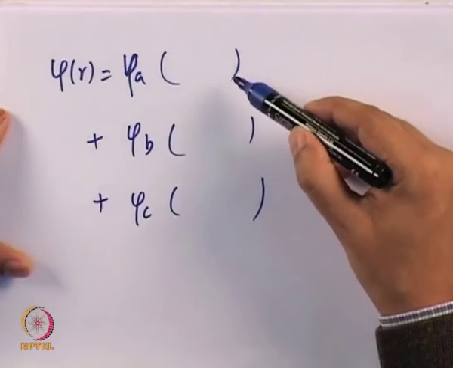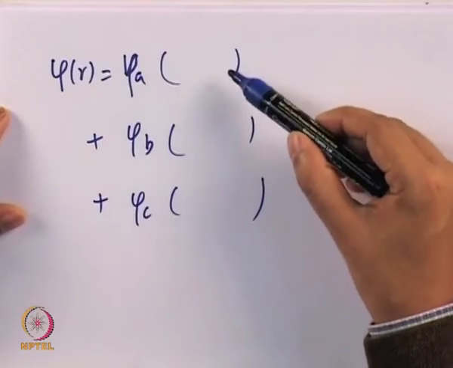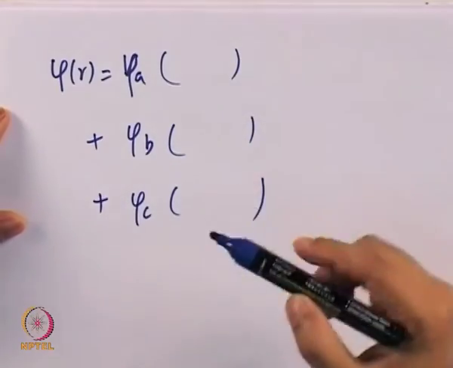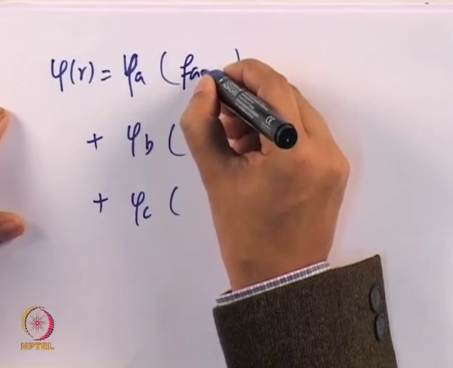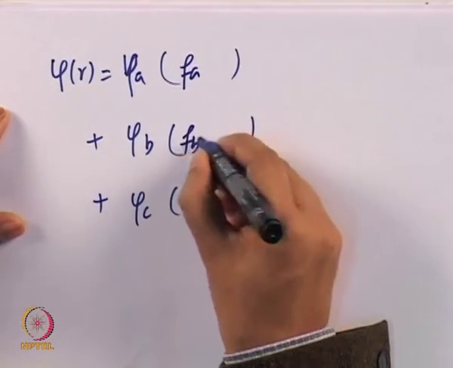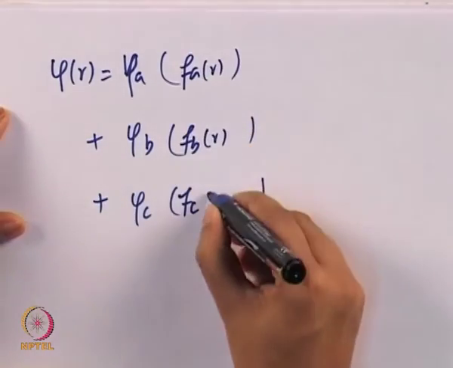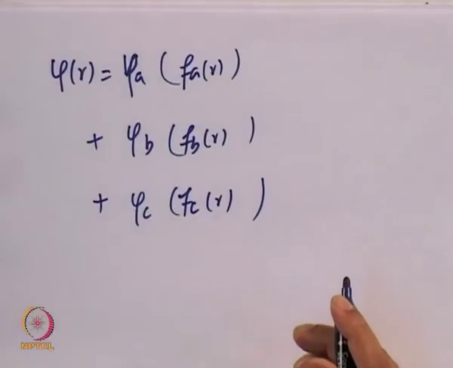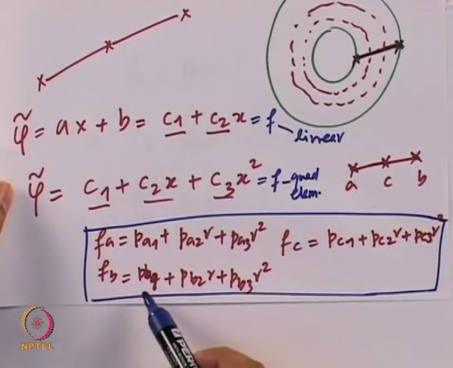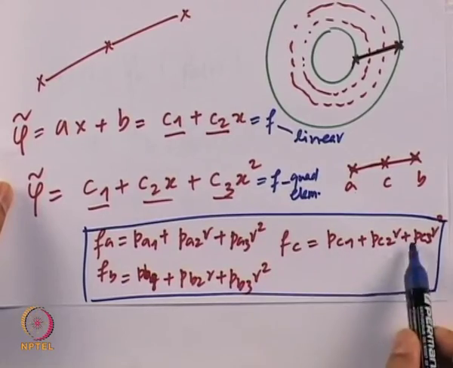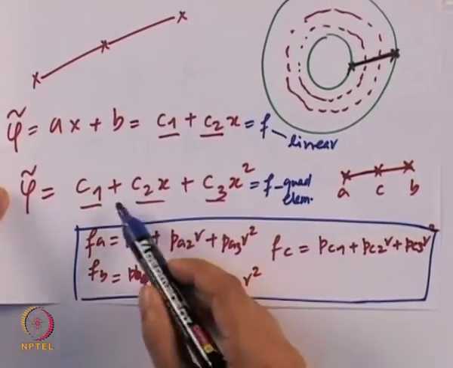Remember, in the earlier case for the linear element we used geometrical data and they are based on the linear approximation, and here we are going to do quadratic approximation. So we will have f A, f B and f C, and they are all going to be functions of R as I have described here. So f A is going to be a function of R, f B is going to be a function of R and f C is going to be a function of R, and PA1, PA2, PA3, these are coefficients like C1, C2, C3.